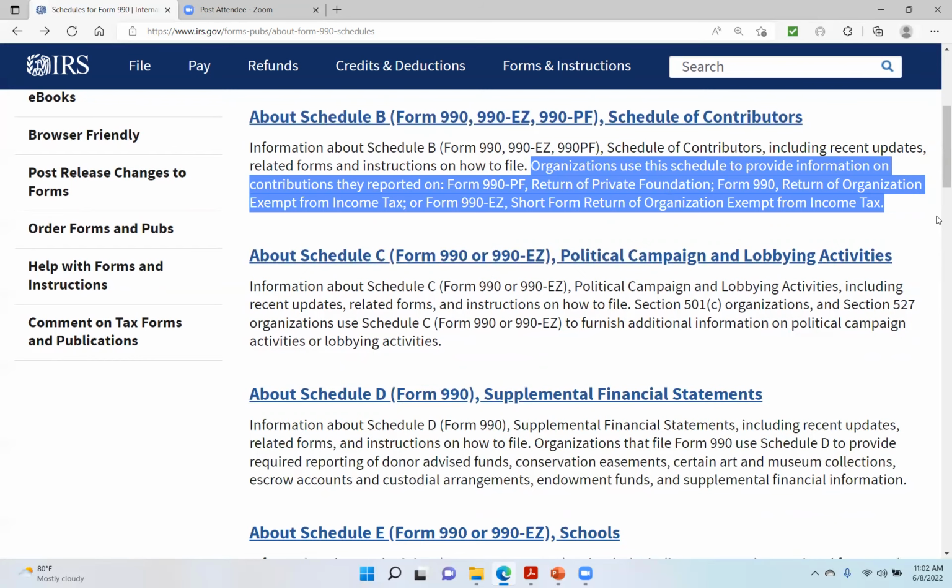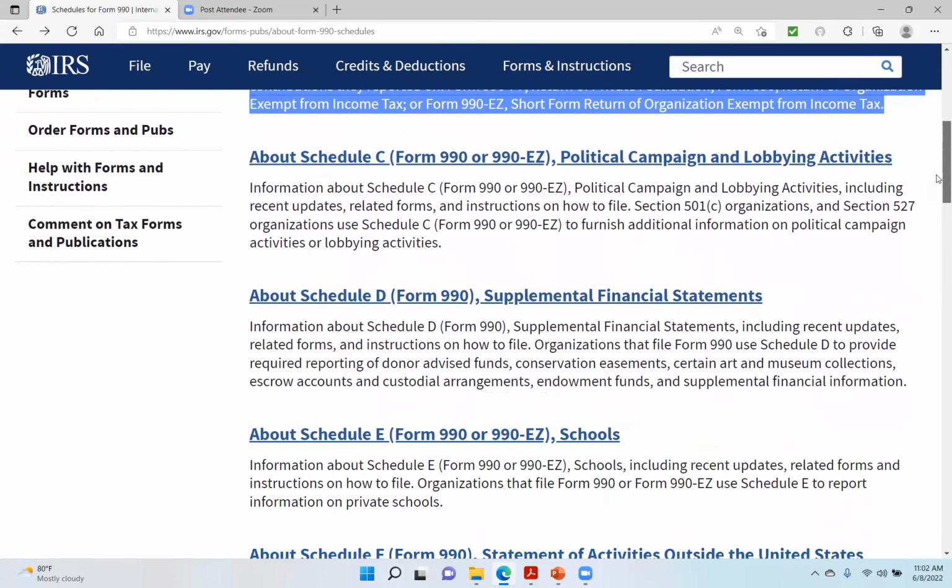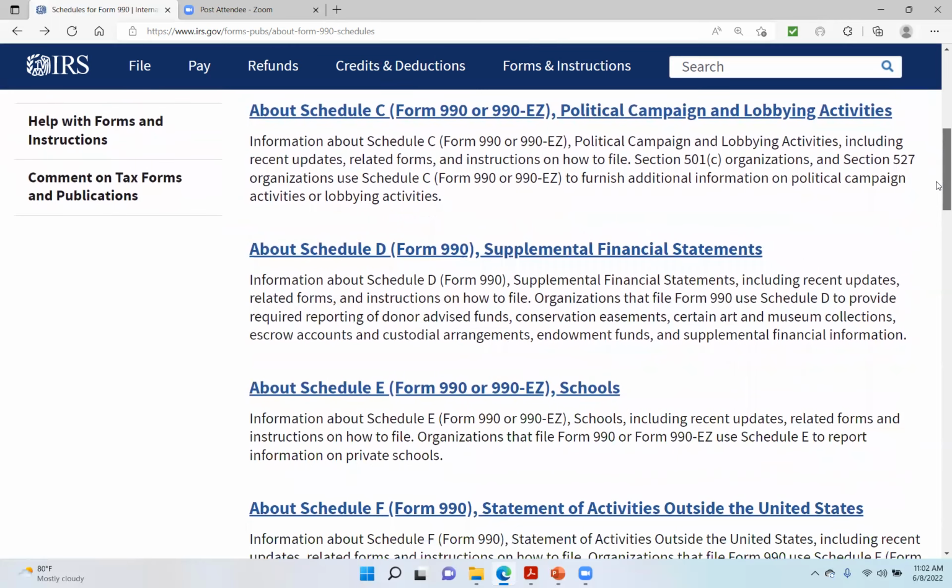One more schedule that we'll talk about, that I read about, Schedule C. The Schedule C pertains to political campaign and lobbying activities. So information about Schedule C, political campaign and lobbying activities, including recent updates, related forms, and instructions on how to file.